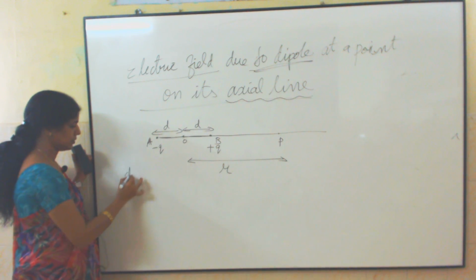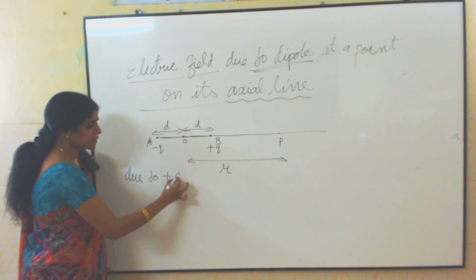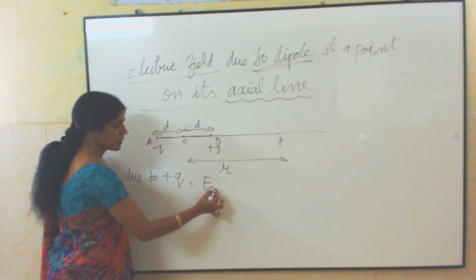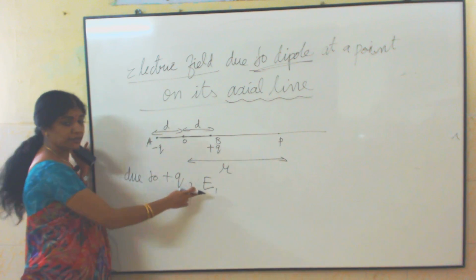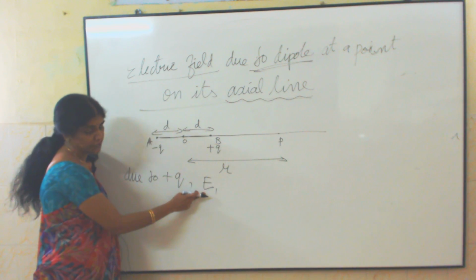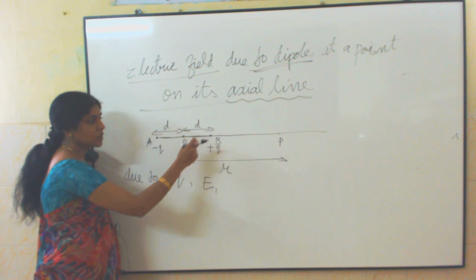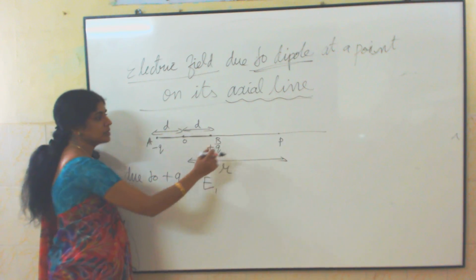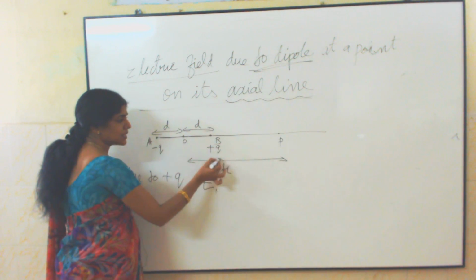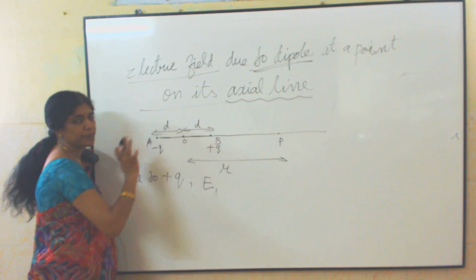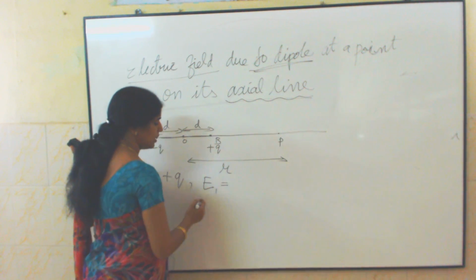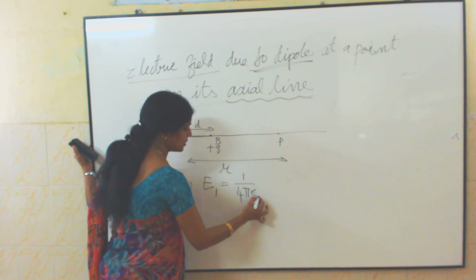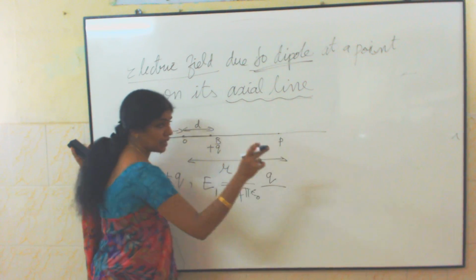Now, due to the charge plus Q, first I will see how the electric field will be. I will take that as E1. What is E1? E1 is the electric field at the point P due to this charge plus Q, which is placed at B. It is given by the formula E1 equal to 1 by 4 pi epsilon naught, Q by R square.